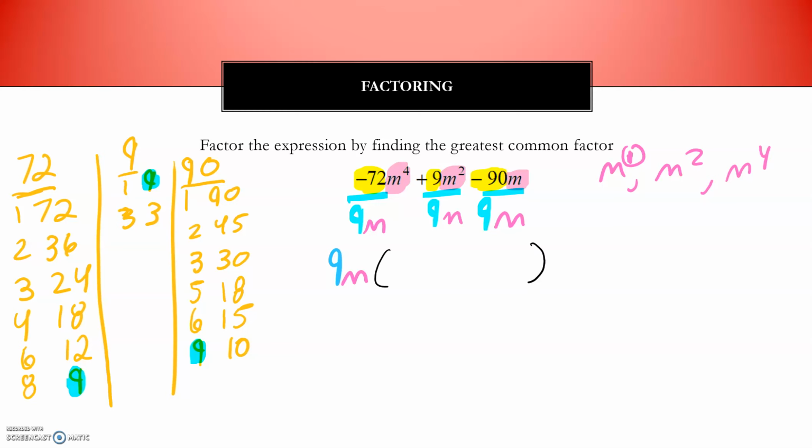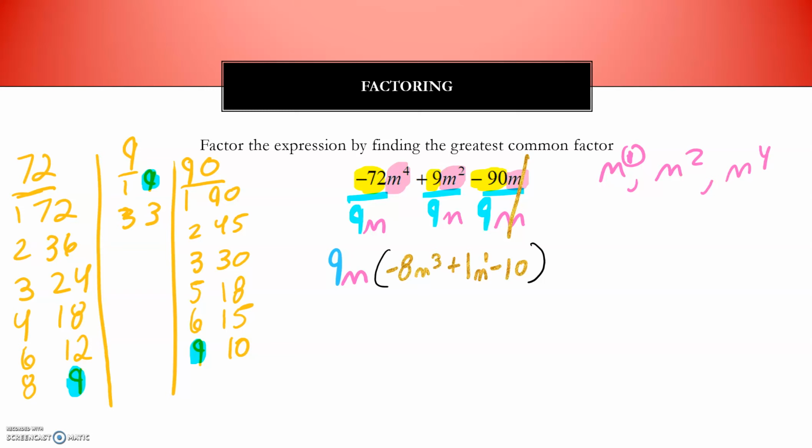So negative 72 divided by 9 is negative 8. Subtracting 4 minus 1 is m to the 3rd, plus 9 divided by 9 is 1. Subtracting 1 from 2 is just 1m to the 1, minus 90 divided by 9 is 10. M's cancel. So I have 9m times negative 8m to the 3rd plus 1m to the 1 minus 10.